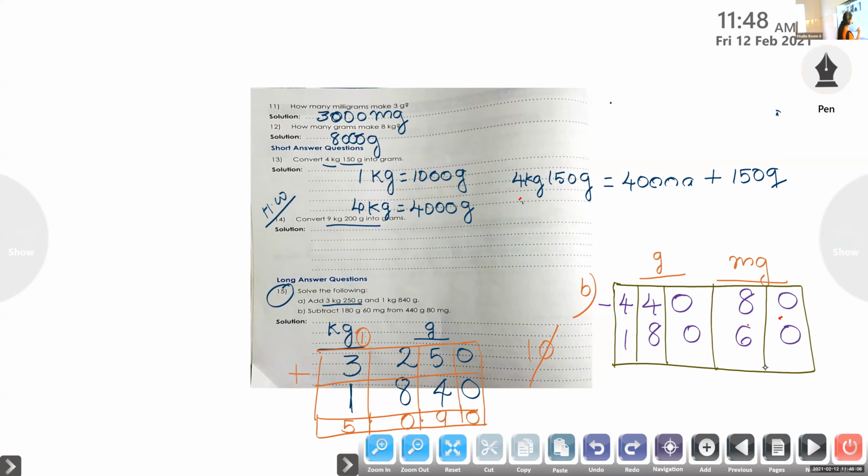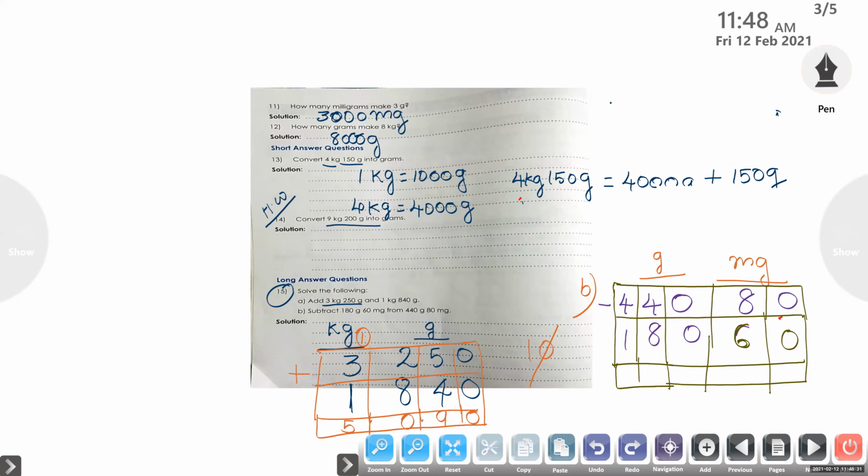Draw the lines and subtract. So the last digit is 0. 0 minus 0. We have to start from the 0.